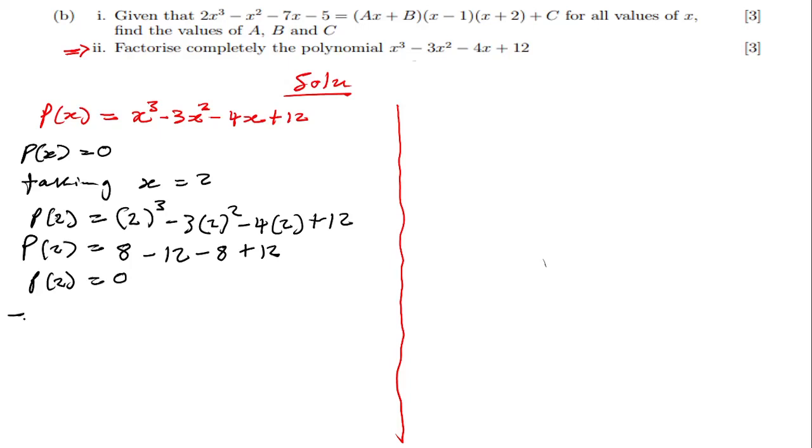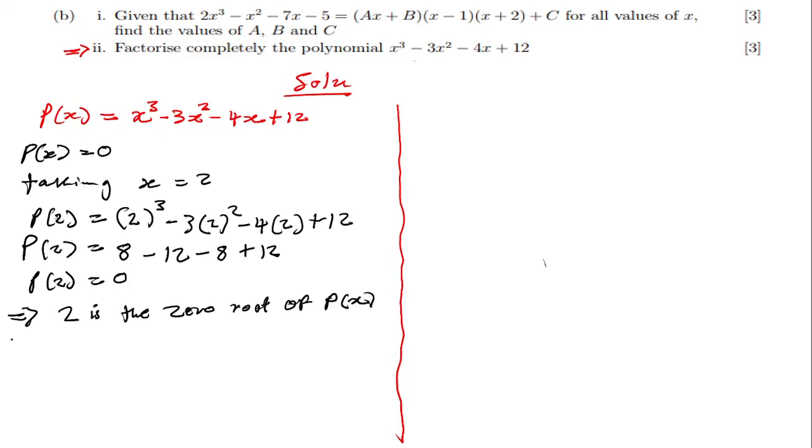So this simply means that 2 is the zero root of that polynomial, which is p of x.